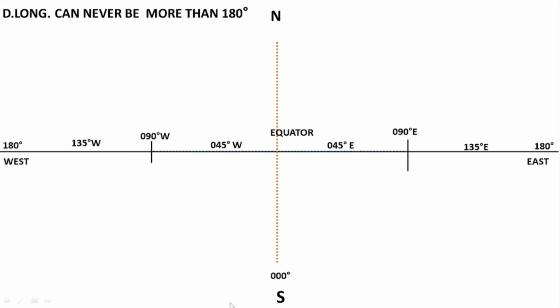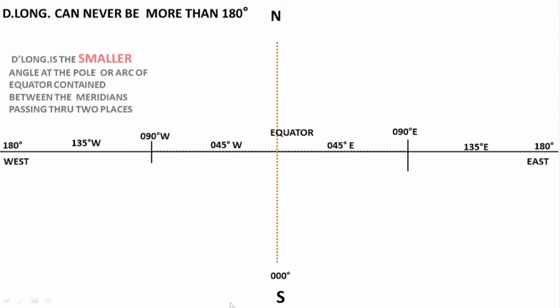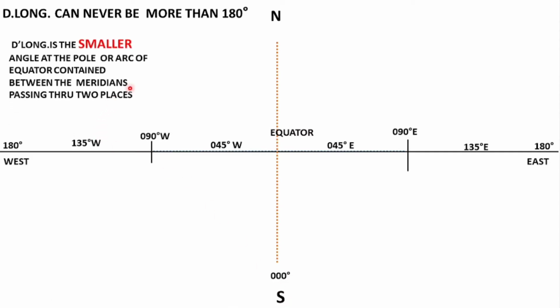You won't go wrong. Now, I said D.LONG can never be more than 180 because when we started off, we talked about it. It's a smaller angle or smaller arc. So if there are 2 points, one is 50 degrees and one is 60 degrees, 50 and 60, I'm going from A to B. I'm going towards west.